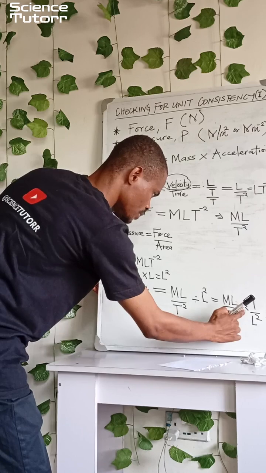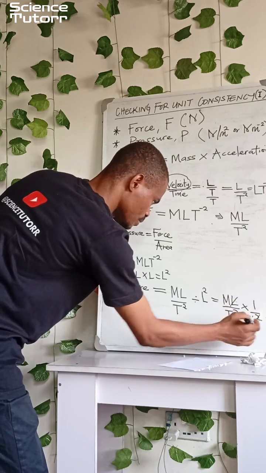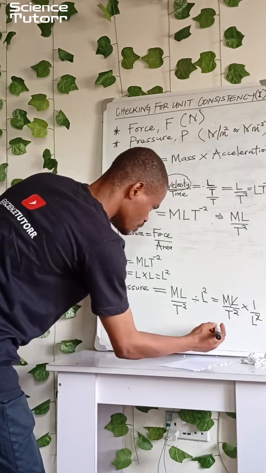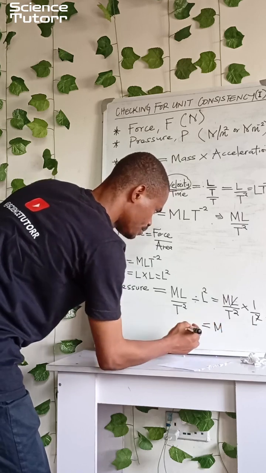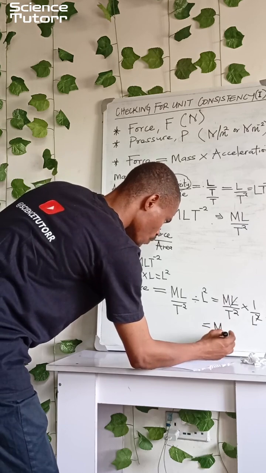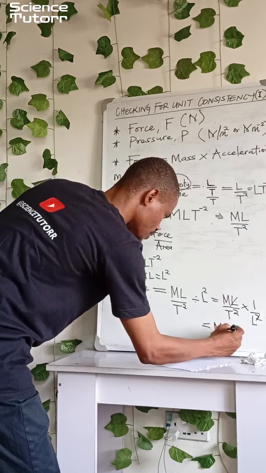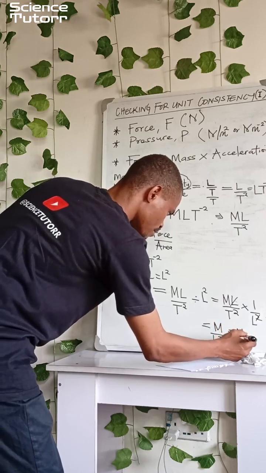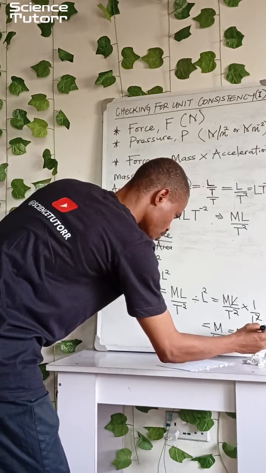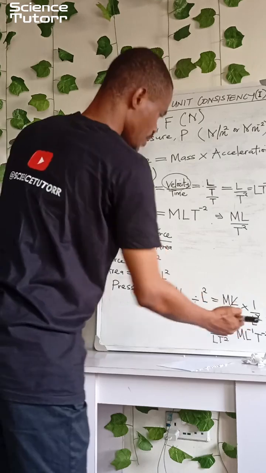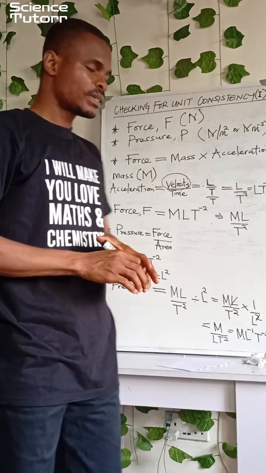Division changes to multiplication so that one of the L can cancel one of the L here. At the end of the day, we have pressure to have units in M over L T squared, which can be written as M L inverse T raised to power minus 2. This is how to write the dimensional analysis for pressure.